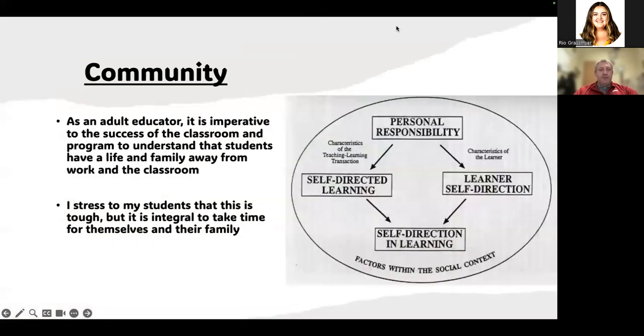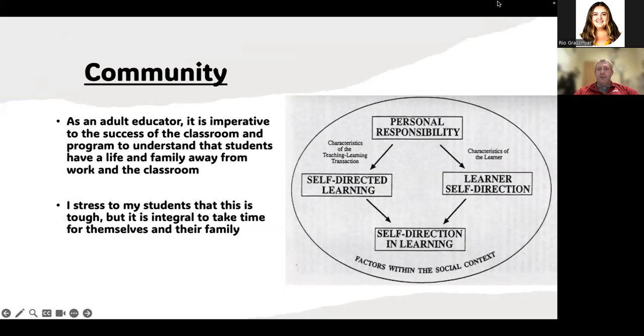As an adult educator, it's imperative that students in the classroom and program understand that students have a family life away from the classroom. I stress to my students that this is tough, right? But it's integral for them to take time for themselves and their family.